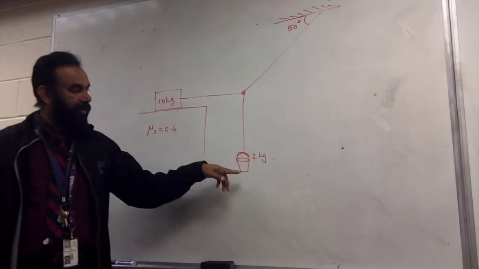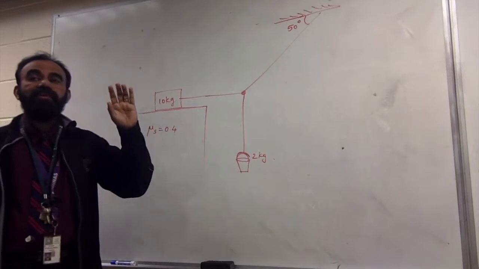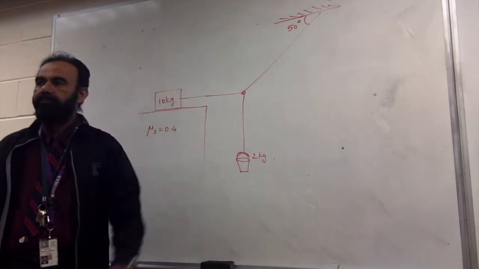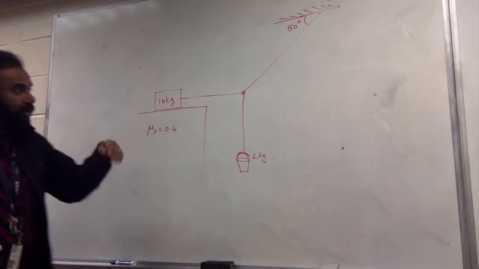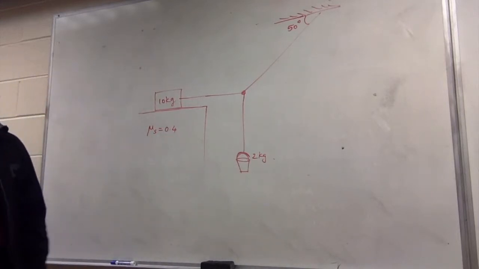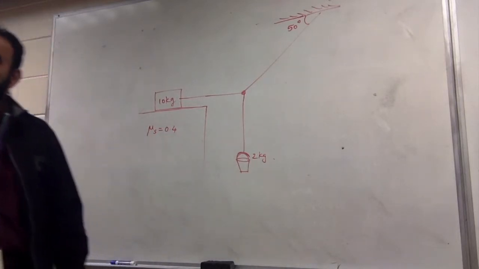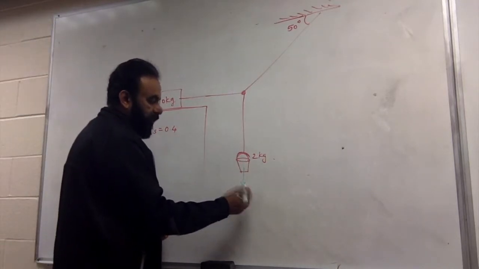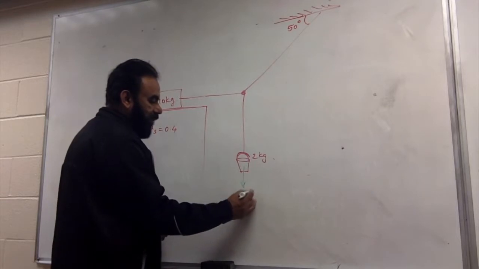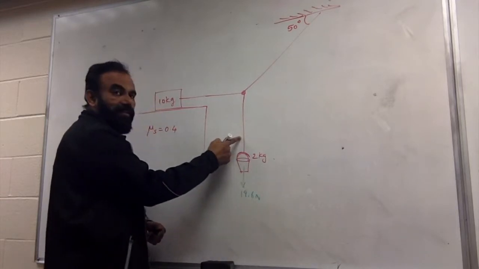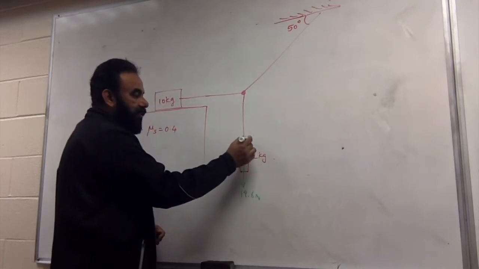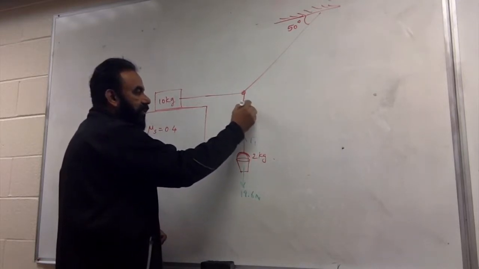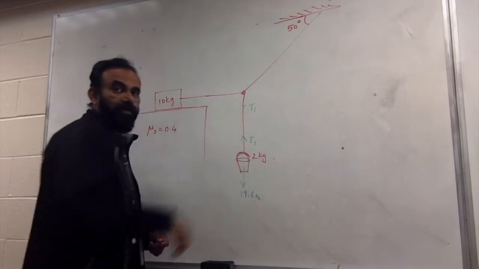And now there's a 2 kilogram bucket hanging down here. Let's figure out the forces acting on each rope. So first thing is the drawing which is already given to you. Now let's put all the forces down. What forces are acting here? Which is 19.6 newtons. Anything acting here? Tension. I'll call it T1. What is acting downward here? T1, downward, on the knot.